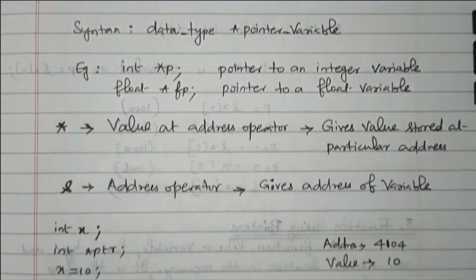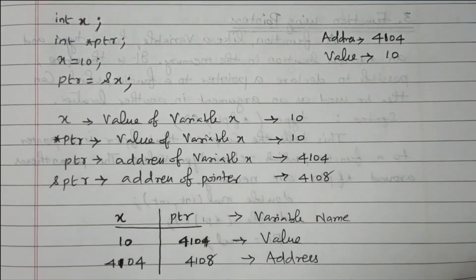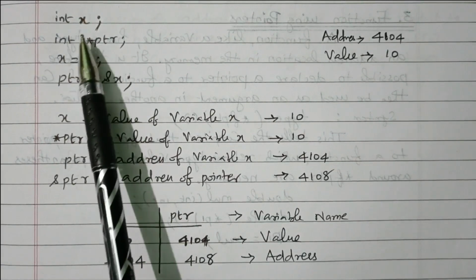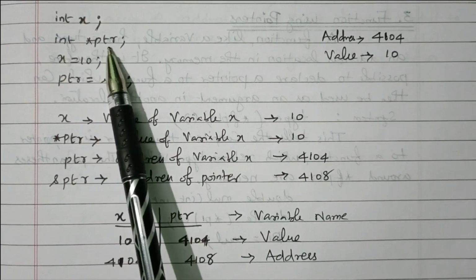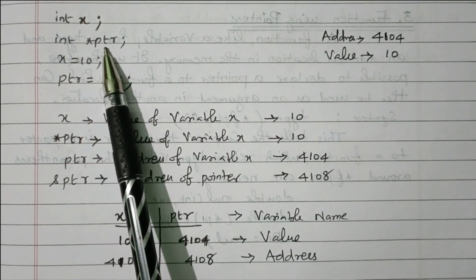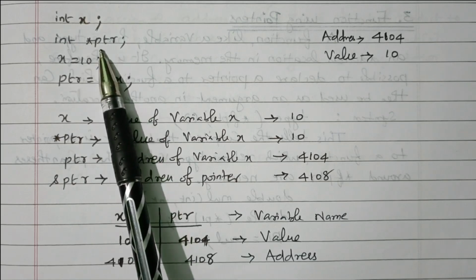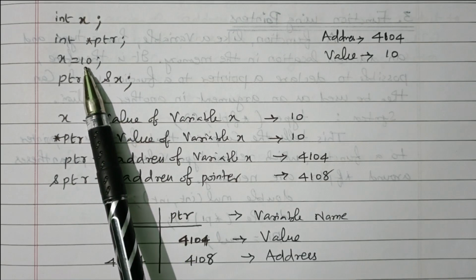For that we'll see some examples. int x. We declare the integer x, a normal integer variable. int *ptr. This is the pointer variable, right? x is the normal variable, int *ptr is the pointer variable. x equal to 10.